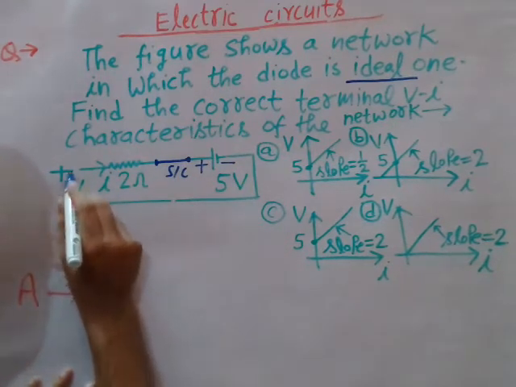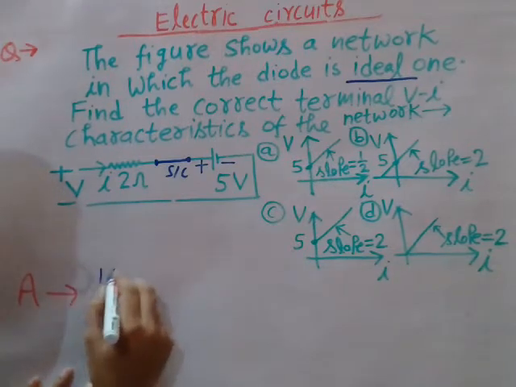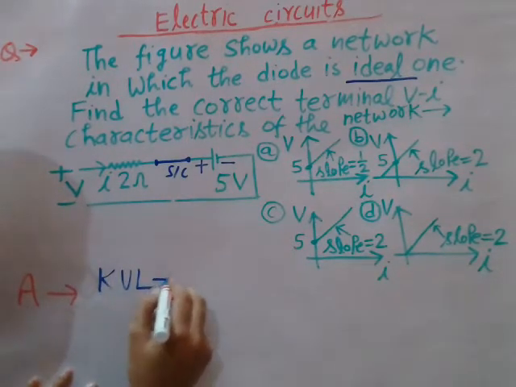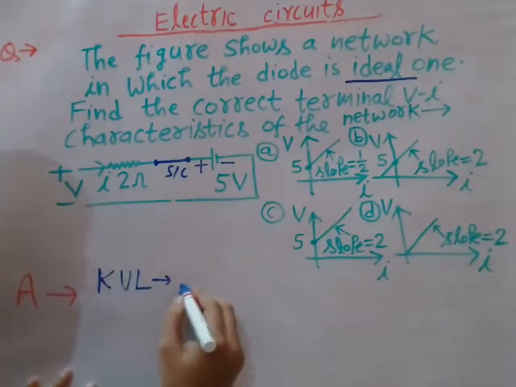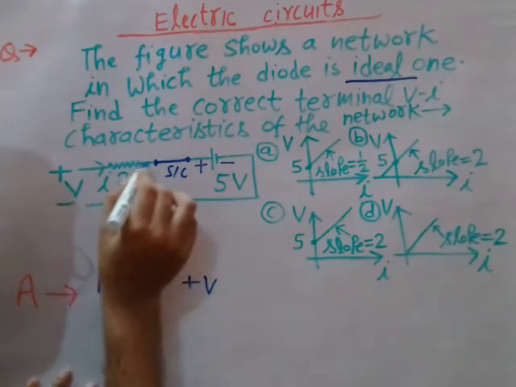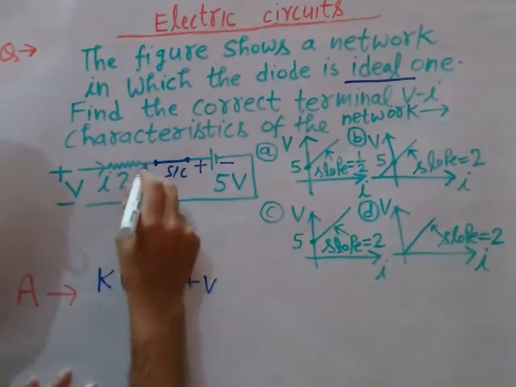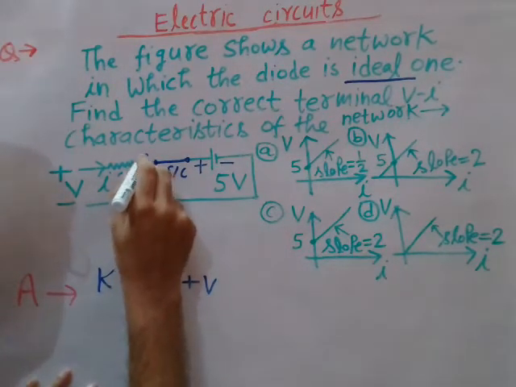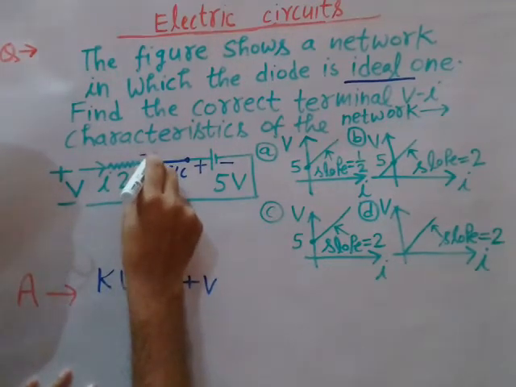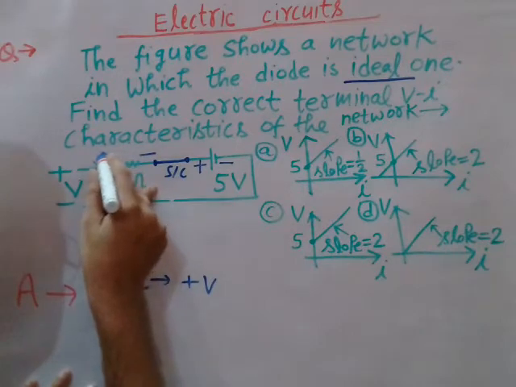You start from here, so you go minus to plus, and when you go minus to plus, you write plus V. In the direction of current there is a voltage drop. It is a basic convention that we follow, so a drop will be represented by a negative sign. That means the later sign will be negative in the direction of current flow.